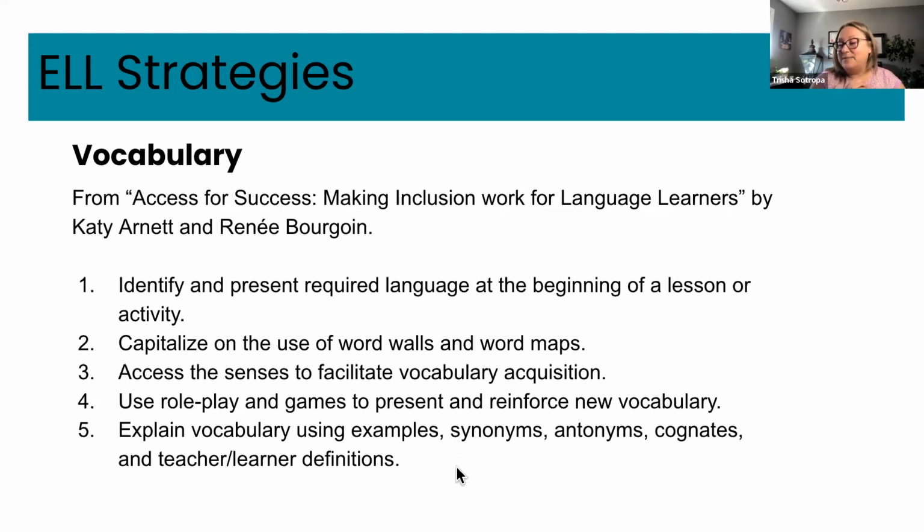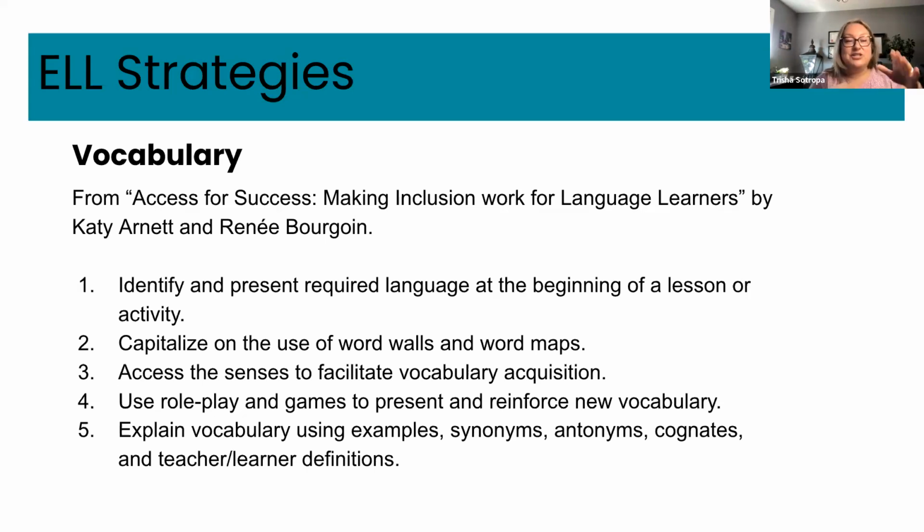And the last one, explain vocabulary using examples and synonyms and antonyms and cognates and teacher-learner definitions. So most of this you would see in your classic Freyer model, which I'm sure all of you have used. That's an oldie but a goodie. Examples, synonyms, and antonyms usually come into a Freyer model.